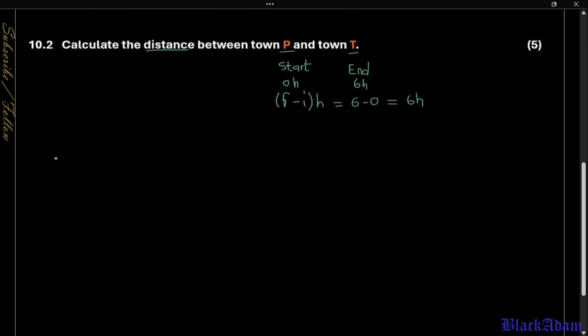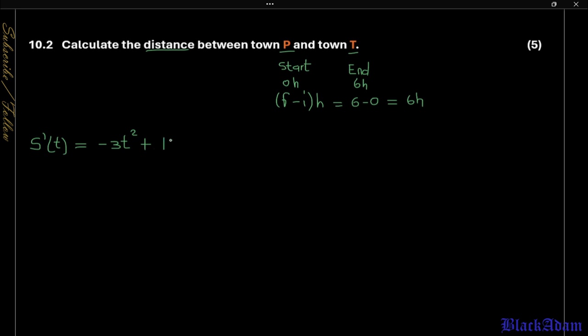Okay, 6 hours. So s prime t is going to be minus 3t squared plus 18t, which equals speed. That's our given speed, and from there we integrate minus 3t squared plus 18t.